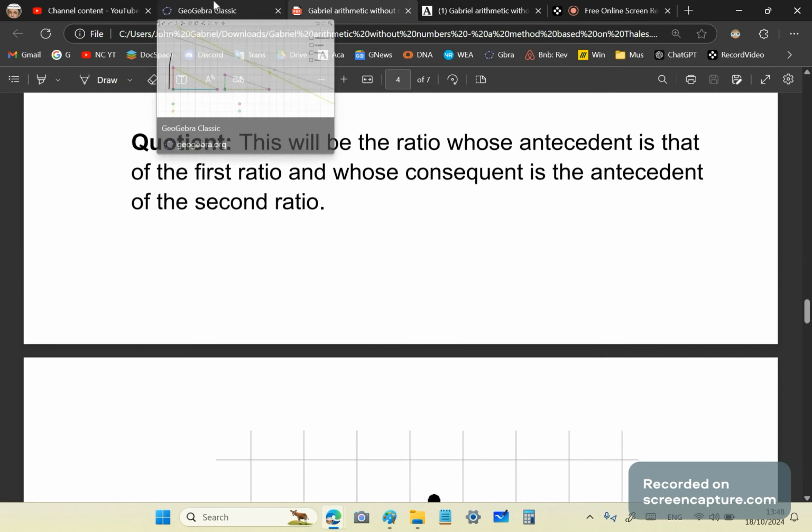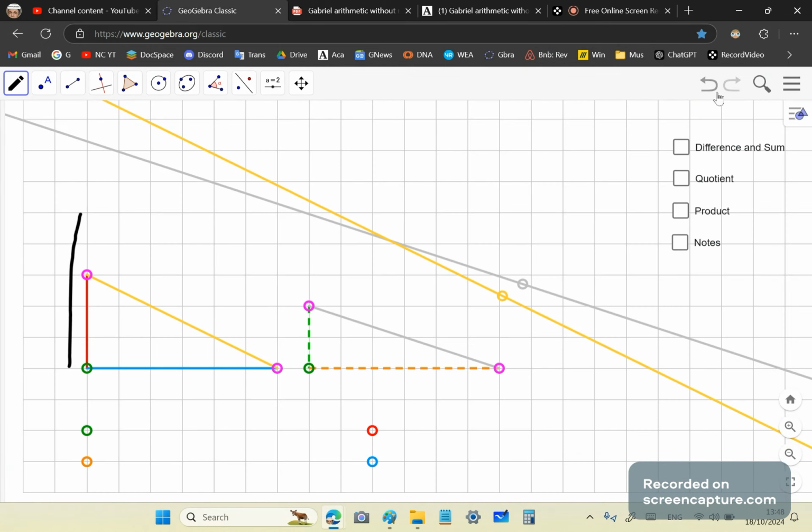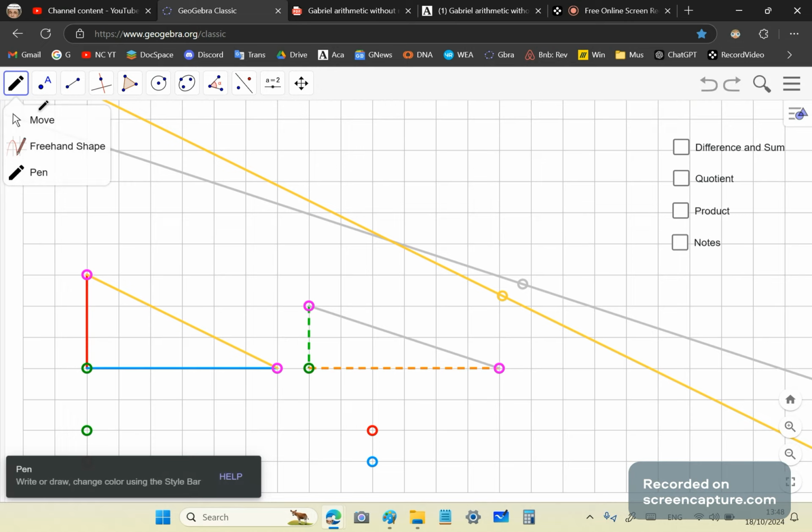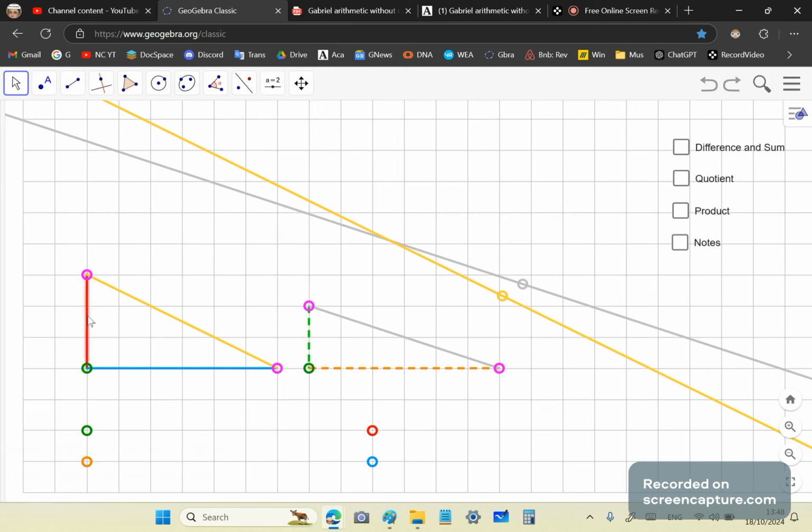And now the quotient is a lot simpler than you think. To do the quotient, it's even easier than the difference and sum, because all you do is take the ratio of this red line as antecedent to this broken green line as consequent.